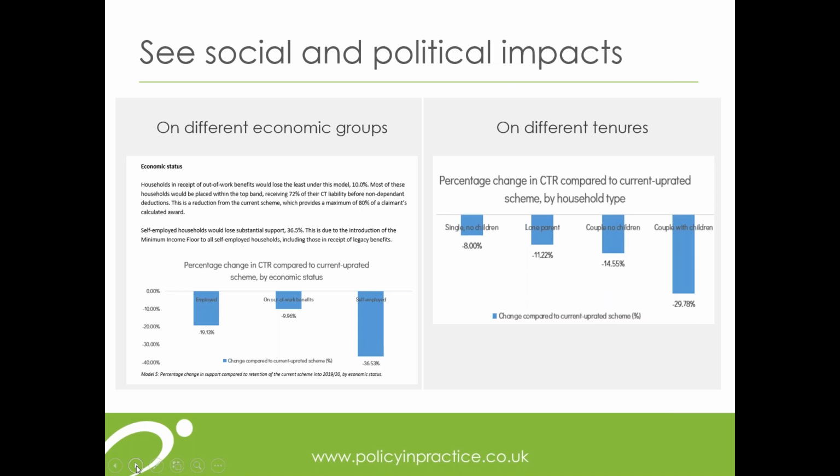As Allan had said, it was quite a difficult decision to have to make such a cut to Barnet's CTR, but the table that we can see here shows that those who are in receipt of out-of-work benefits, so the lowest income households, are the households which were saved from the greatest level of cuts under the model and the now provided scheme. So that could be considered, of course, a positive. If we move forward again, Janet.